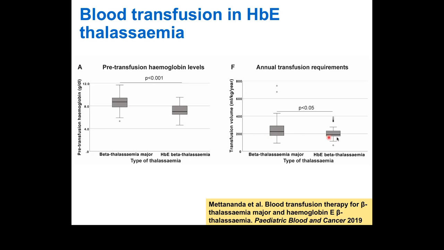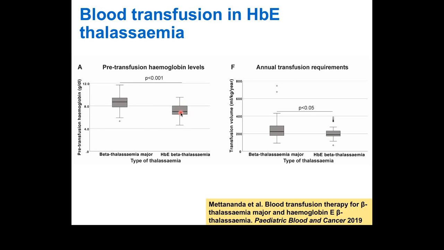However, if you see this graph which shows annual transfusion requirements, it is clear that there is no difference between annual transfusion requirements in these two groups of patients. It seems that in this country, in most centers, we are providing the same amount of blood to these patients, but at the same time, we are not maintaining the adequate pre-transfusion hemoglobin.